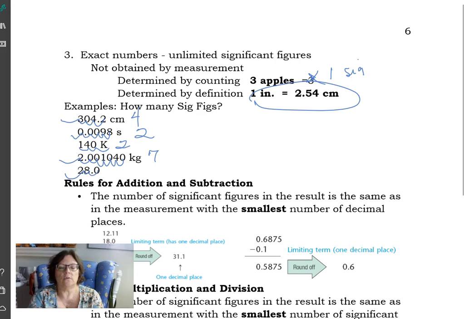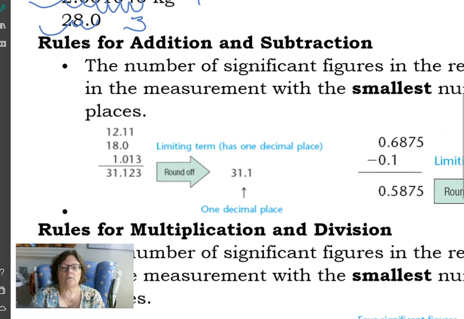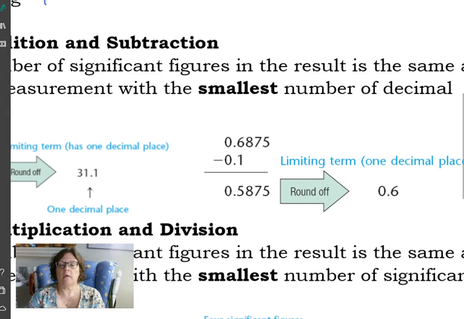1, 2, 3. All right, when we add and subtract things, which isn't going to happen in College Chem very much, we use whatever the least decimal place is. For instance, this one here, adding up 12.11, 18.0, 1.013. 18.0 is the least precise of the three numbers, so we ignore the extra decimal places.